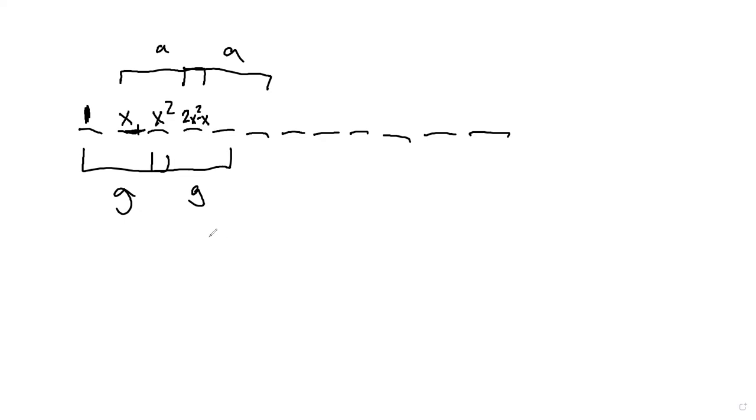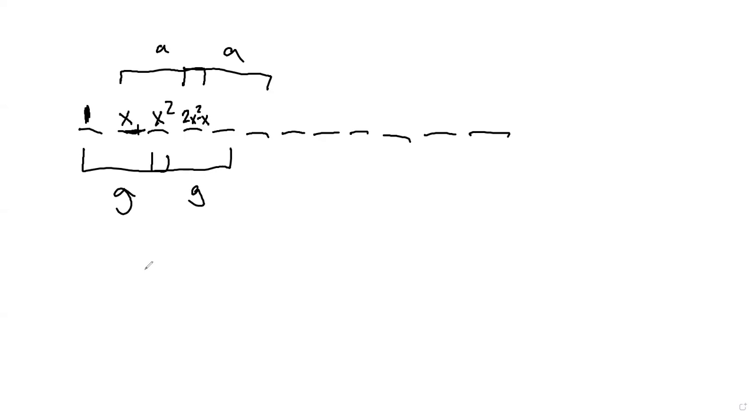I don't think anybody has gotten it yet. Or, oh, is that really true? Why is it 2x squared minus x? Because these three have to be in arithmetic progression. So the next ones also have to be in geometric progression.